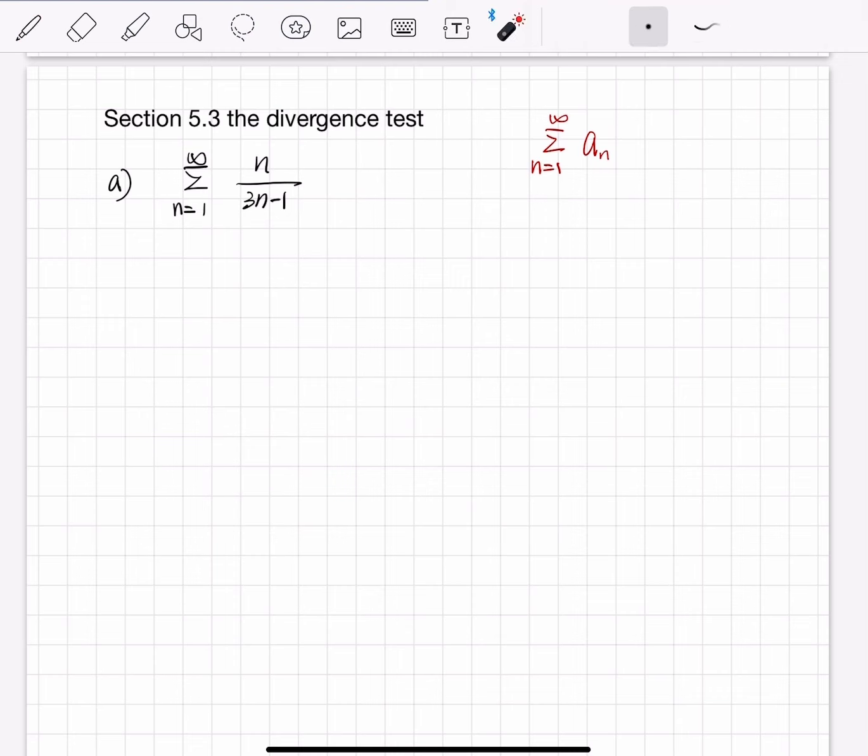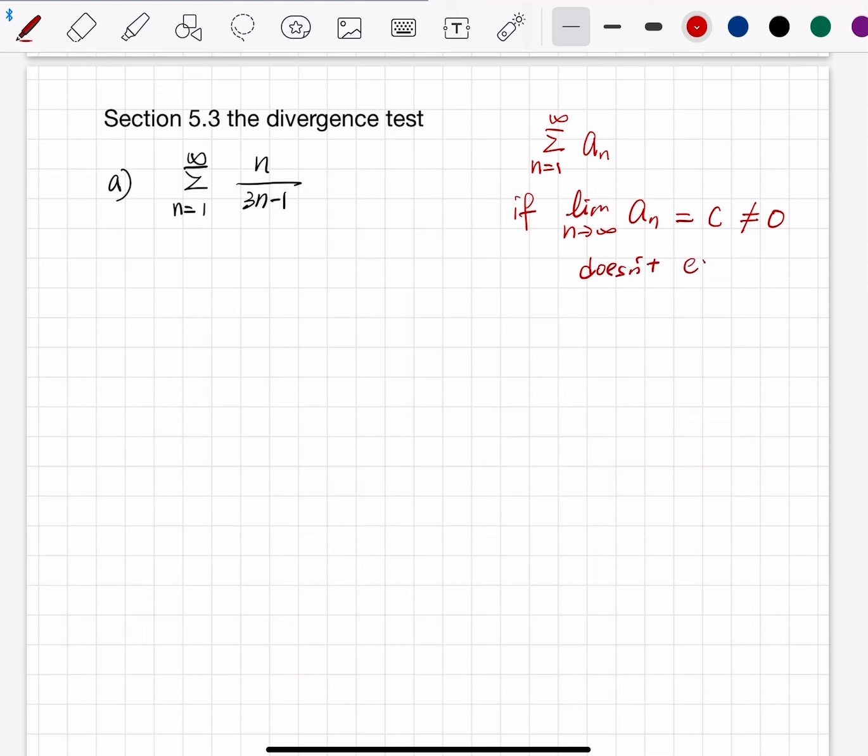So we said that for the divergence test, if we take the limit as n goes to infinity of a sub n, which is talking about the nth terms, more like the last terms of this infinite series, if this limit is not equal to 0, or does not exist, then we can conclude this one is divergent.